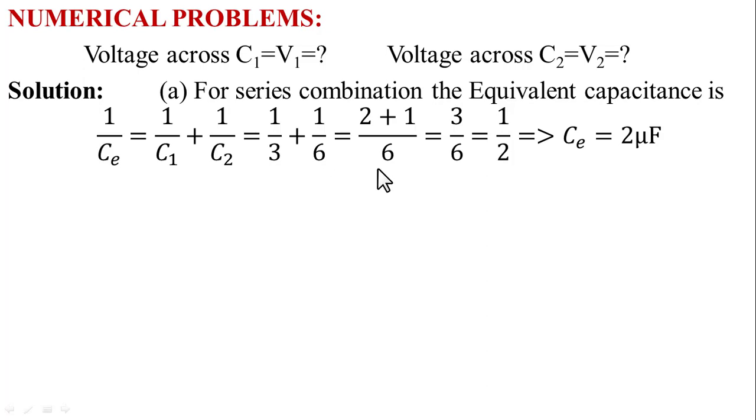Taking the LCM, the LCM of 3 and 6 is 6. 6 divided by 3 is 2, so 1 upon CE is equal to (2 plus 1) divided by 6. 2 plus 1 is equal to 3, so 1 upon CE is equal to 3 upon 6, which is 1 upon 2.